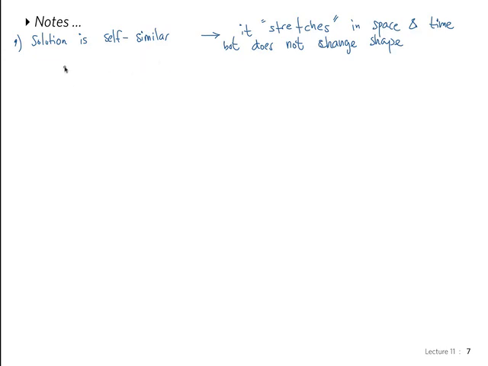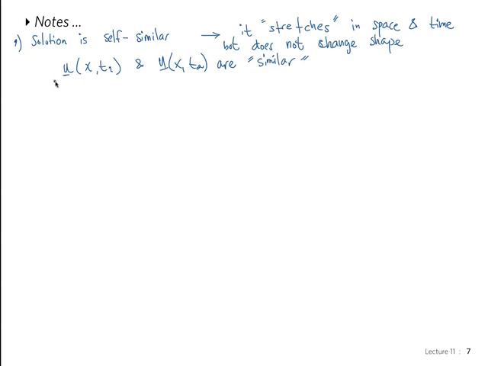So say u, which is a vector at a given point, at t1 and at t2 are similar in shape to each other.